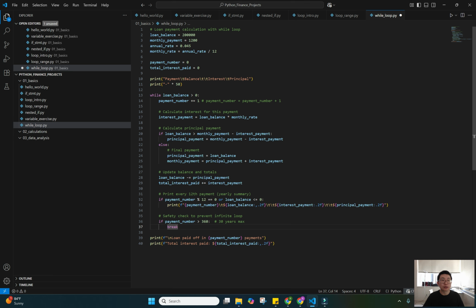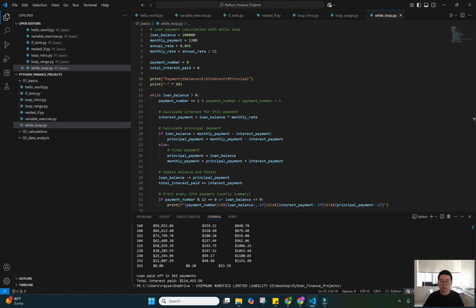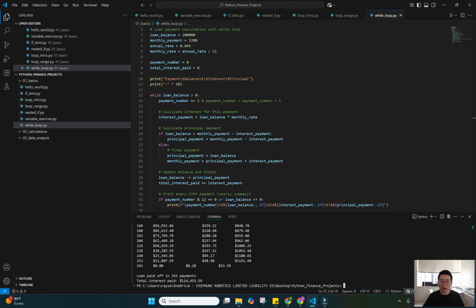With this, let's go ahead and run this program. This is essentially how we're doing this. We're printing every 12 months, so we have a yearly summary here. And then at the end, the loan will stop at 263.